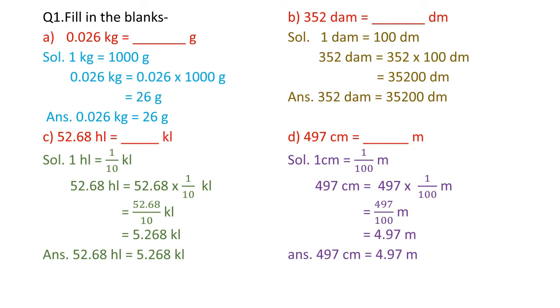So 497 into 1 by 100 will give you 497 divided by 100 meter. That is equal to 4.97 meter. So the answer is 497 centimeter equals 4.97 meter.